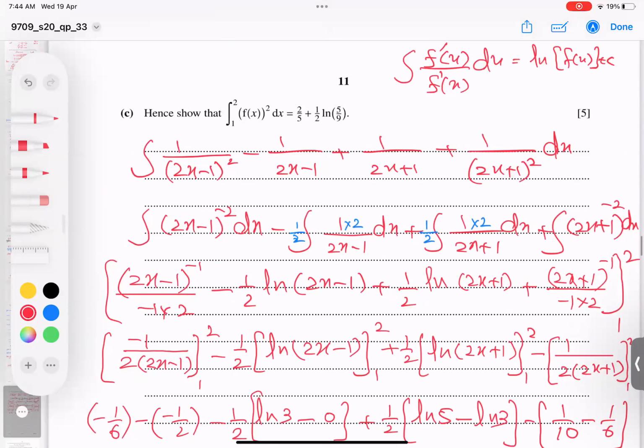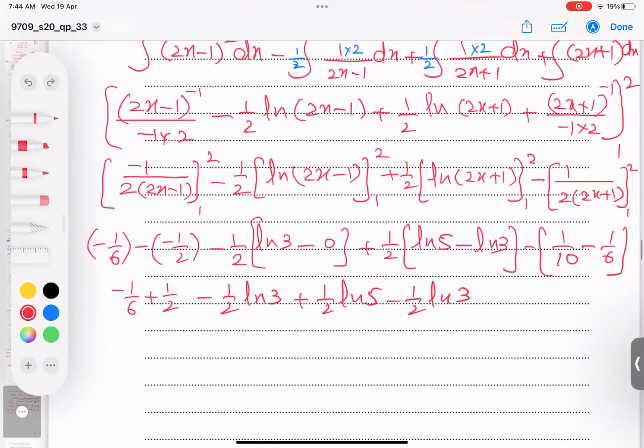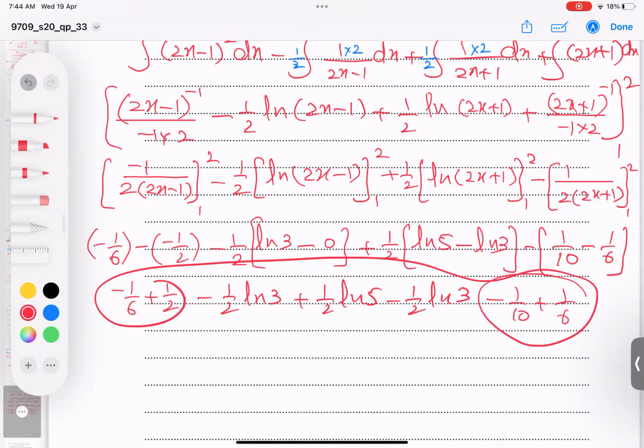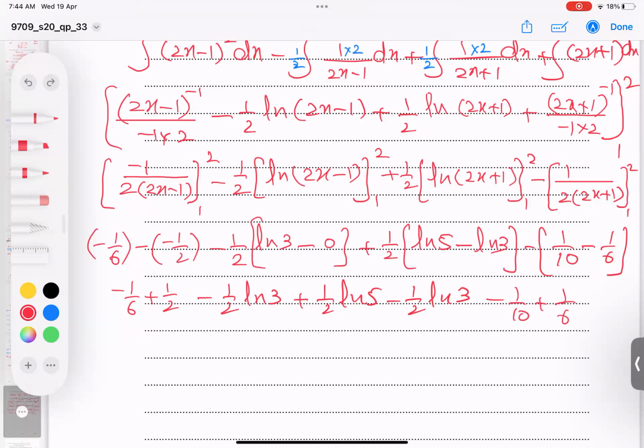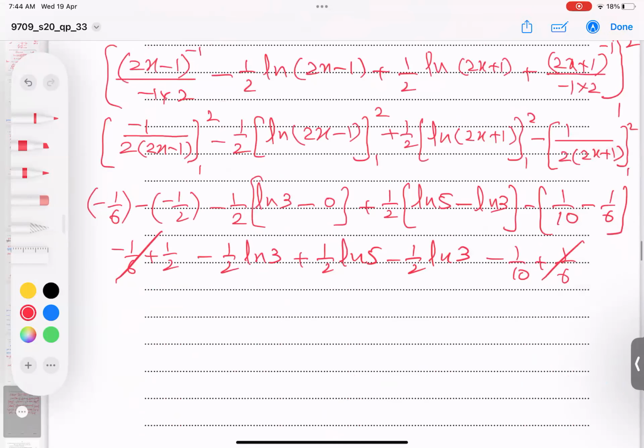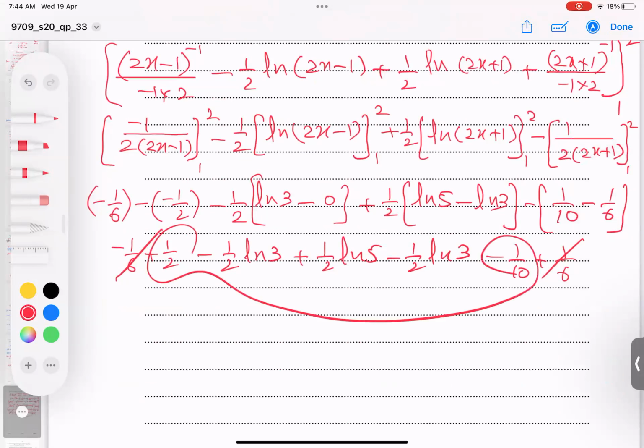And the numbers we have 2 by 5. Let's see what the answer turns out to be, -1 plus 1 over 6. I will check these values first. Okay, I type in the calculator. Even this -1 by 6 cancels out, and 1 over 2 minus 1 over 10 comes to 2 by 5, matched. So this and this give 2 by 5. These are done.